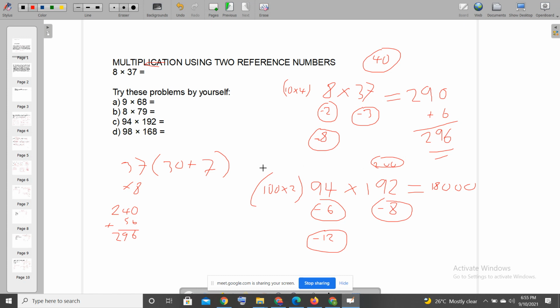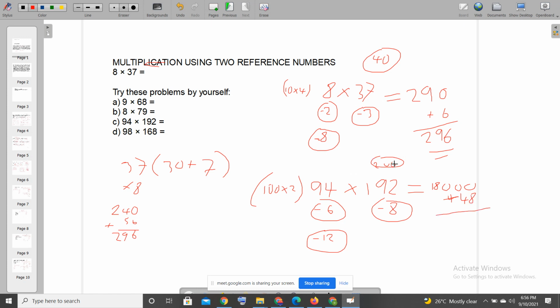You know that when you are there, you multiply what is in the bracket here. So 6 times 8 is 48. So I'll have my plus 48.